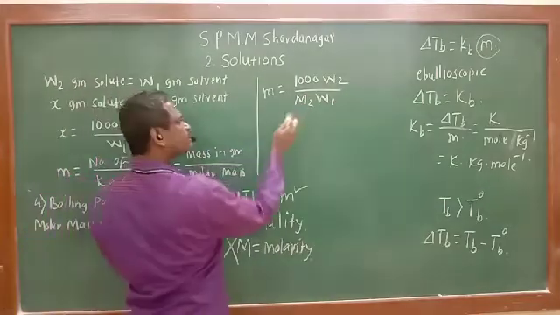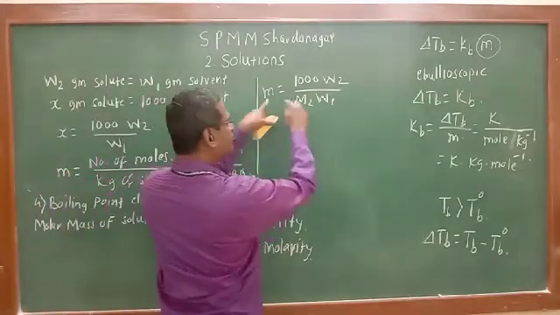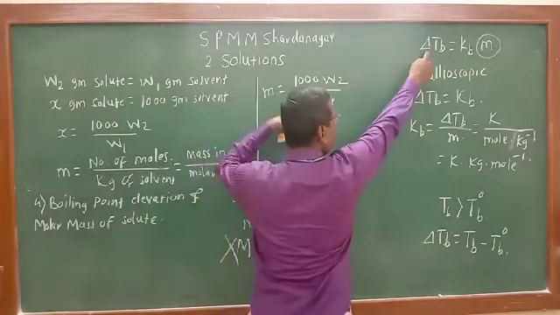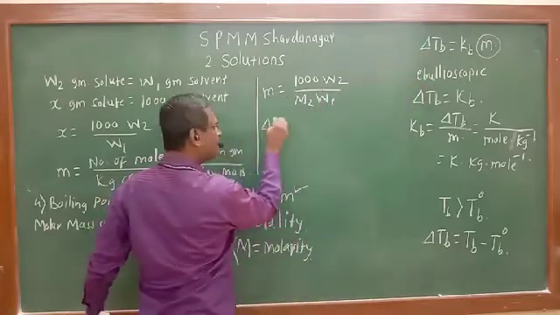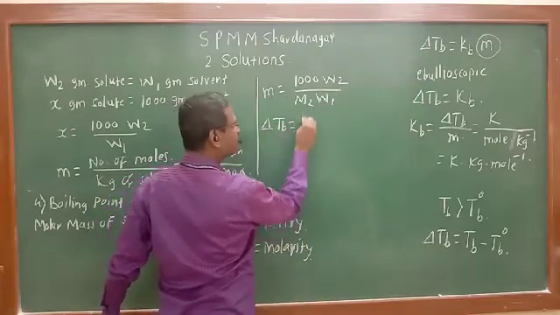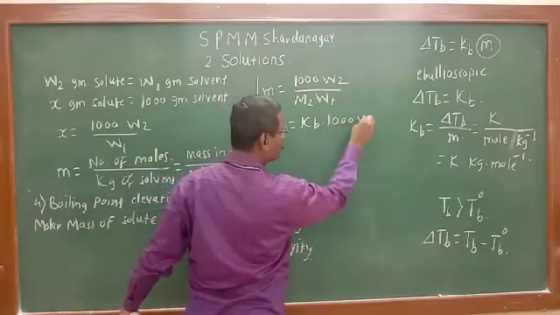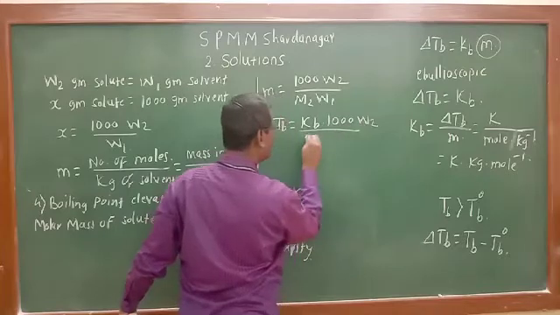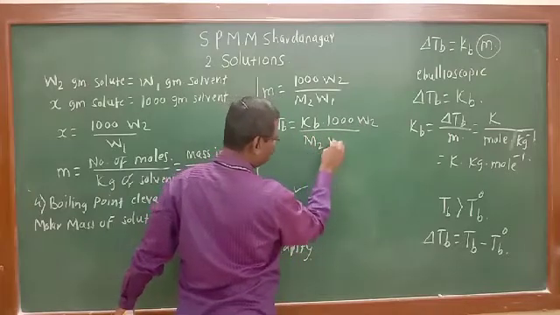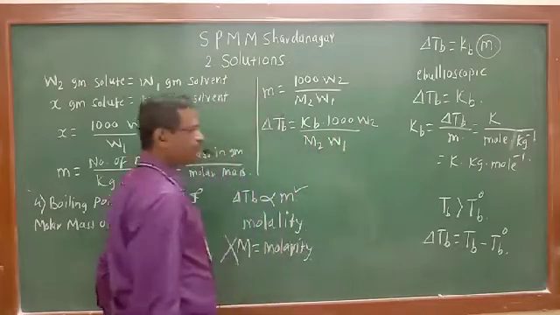And from this equation, if we substitute m, we can write delta TB is equal to KB into m, which is 1000 W2 divided by M2 into W1.